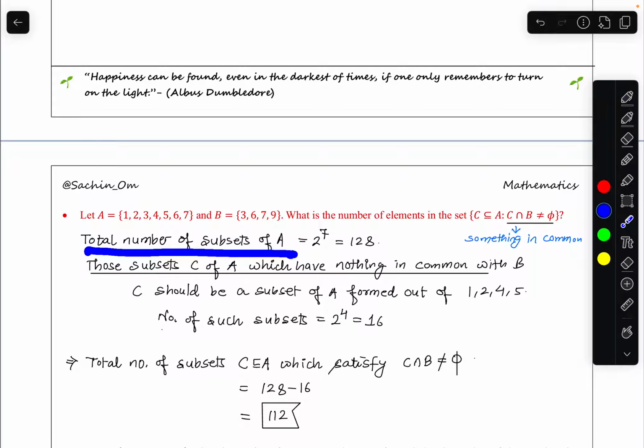I found the number of subsets of A first. A has 128 subsets.